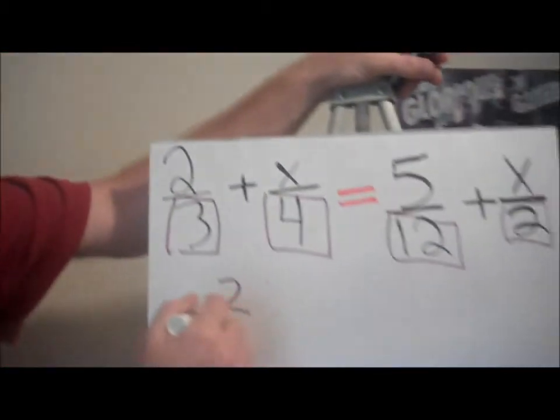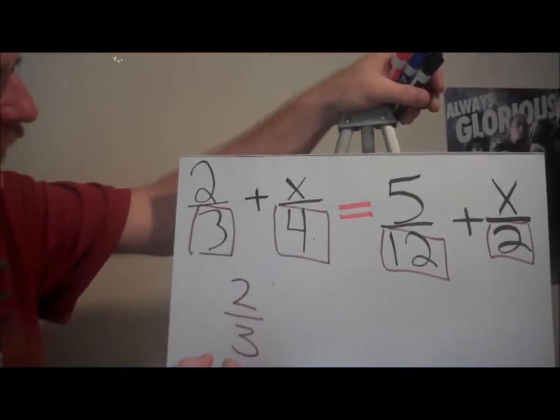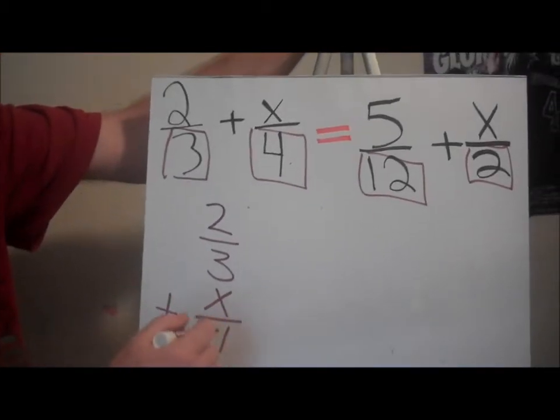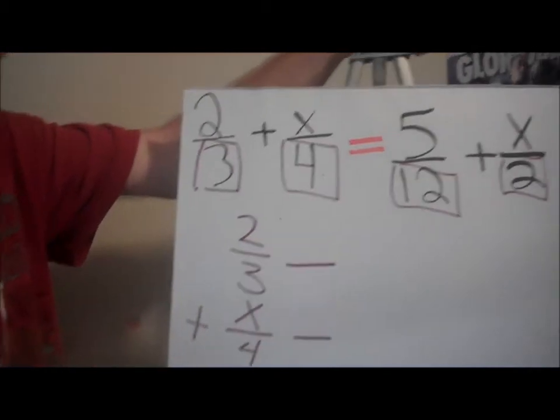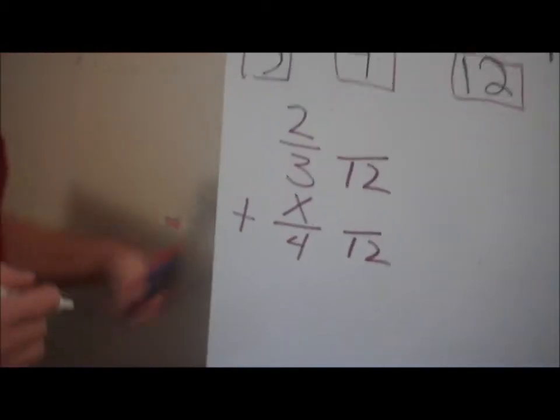So I think we would be safe to start off by writing our two fractions as 2/3 plus x over 4, vertical style. And we can go ahead and put 12 in the bottom.